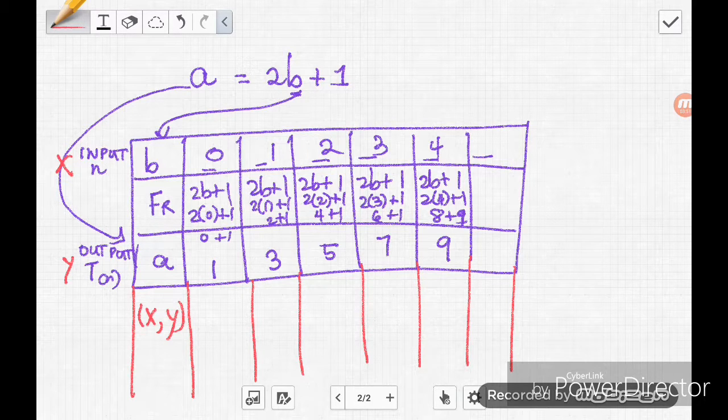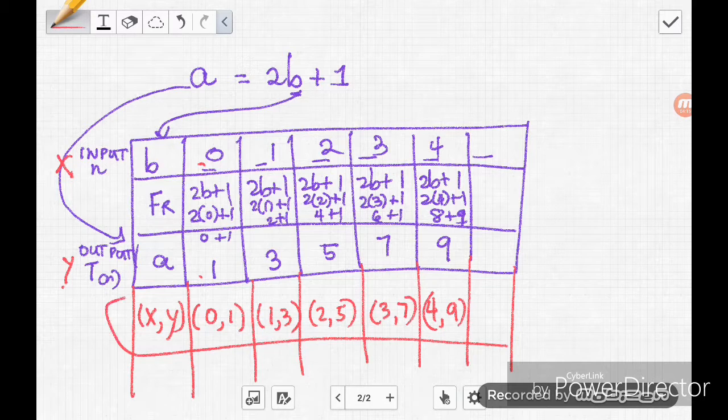Okay, so what is our x coordinate here? X, 0. What is the y? 1. How about for this one? 1 and 3, 2 and 5, 3 and 7, 4 and 9, and so forth. Okay? So now you have coordinate pairs, and you will be able to graph it.